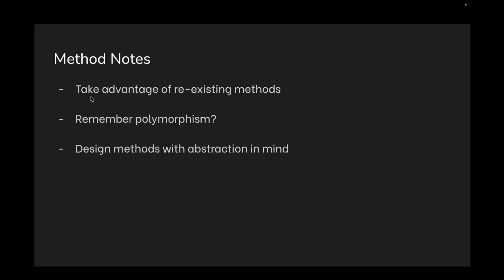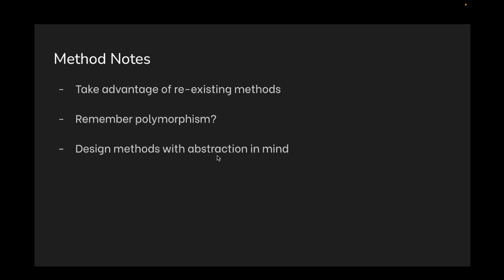So object-oriented programming will allow us to take advantage of existing methods. If you remember polymorphism, this was what the idea of that was about. And then we'll be able to design methods with abstraction in mind. So abstraction is allowing users to only use whatever they see, right? Remember the phone example? A user doesn't need to know how their phone works to be able to use it.